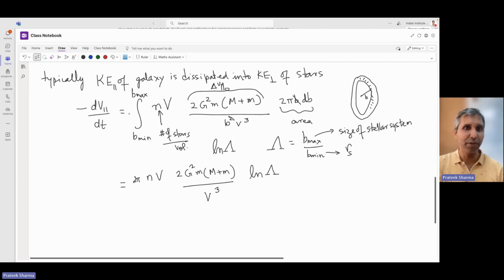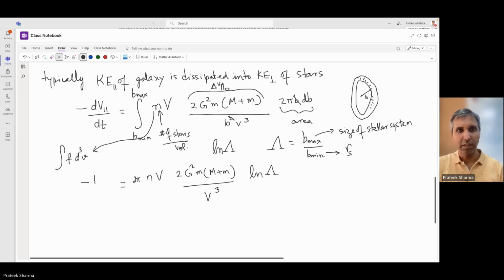In fact, if you do it more carefully, this should be replaced by f d3v, so you have to integrate over all the possible velocities of these stars. This is like the relative velocity between the stars, and we are not going to do that. But it's good to know what the formalism is.